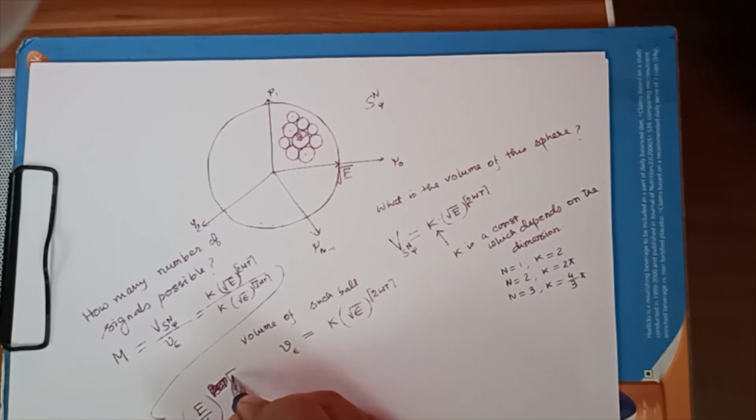It's not exact. That is the number of signals, and this is less than infinity. Obviously, this is finite because W is finite, T is finite, so dimension is finite, E is finite, epsilon is finite. Epsilon is not 0. So this is finite. Finite to the power finite is finite.